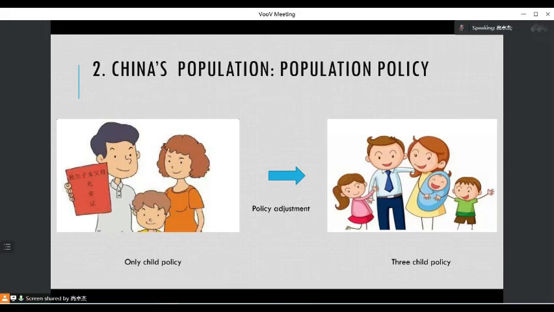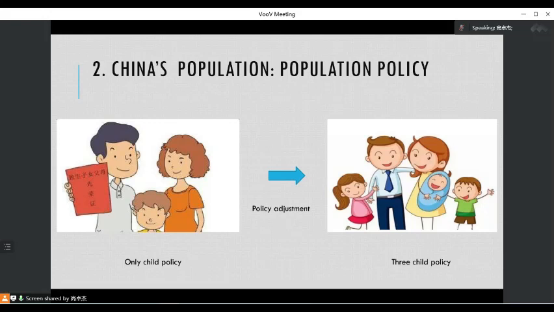In view of these typical characteristics, the Chinese government has adopted some policies to deal with them.